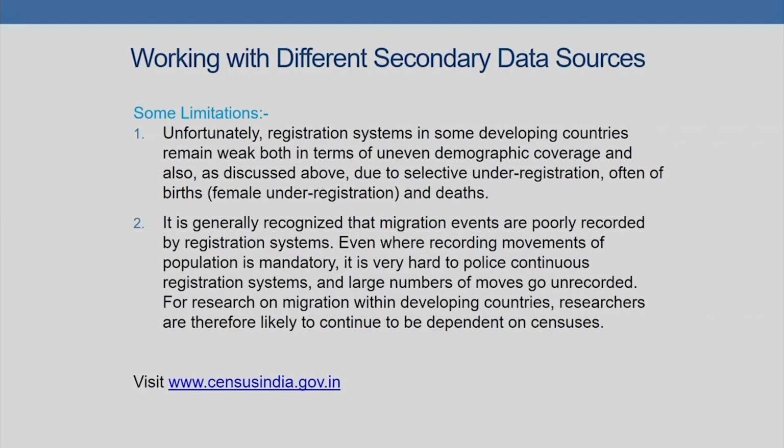It is generally recognized that migration events are poorly recorded by registration systems. Even where recording movements of population is mandatory, it is very hard to police continuous registration systems and large numbers of moves go unrecorded. For research on migration within developing countries, researchers are therefore likely to continue to be dependent on censuses.